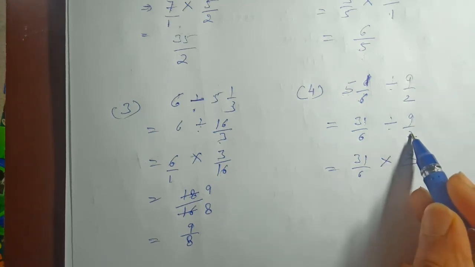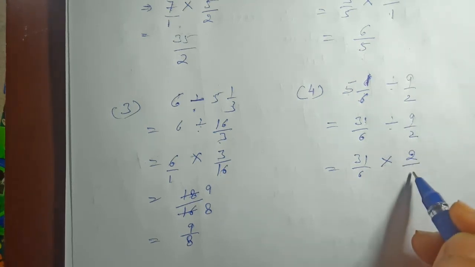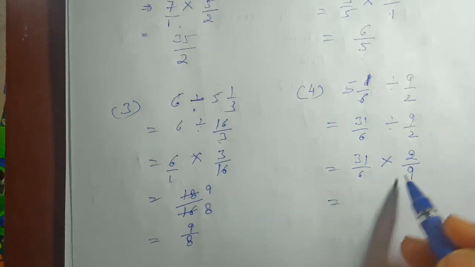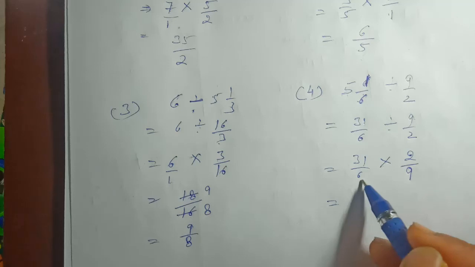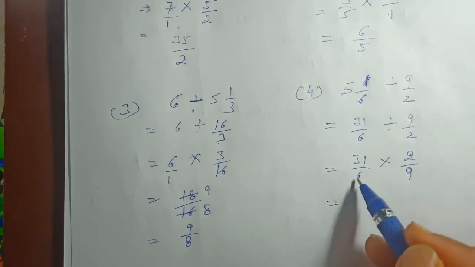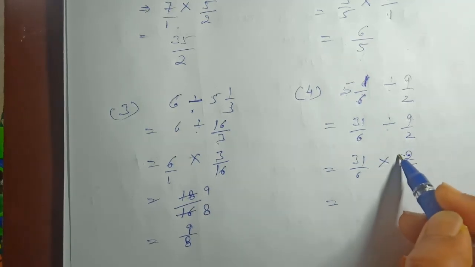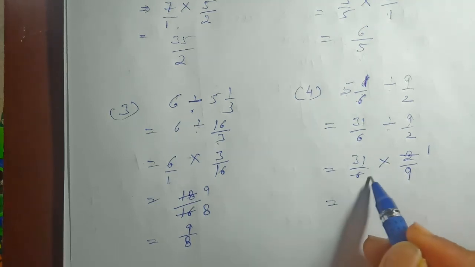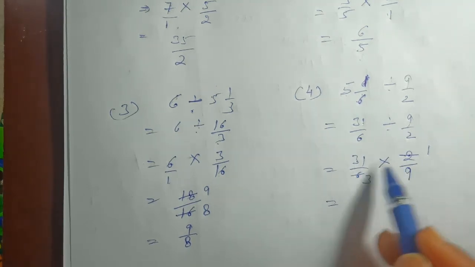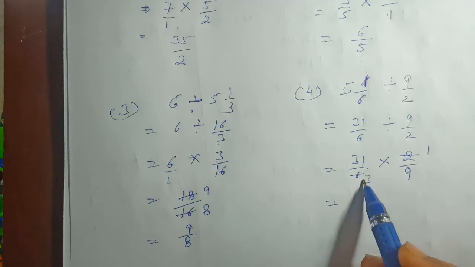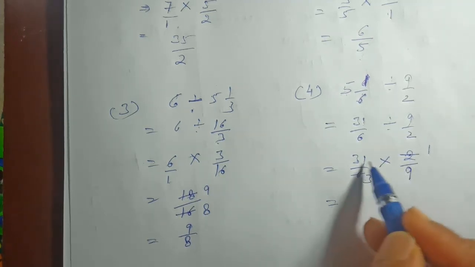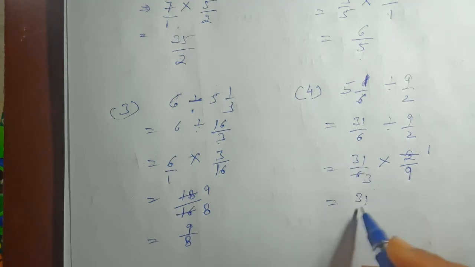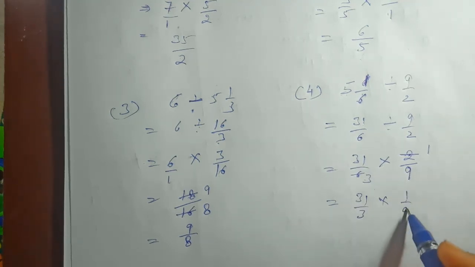It means exchanging the places of numerator and denominator. You can also find out the cancellation between numerator and denominator. By the table of 2, 6 can be cancelled, so we can cancel this way also, 2 1 2, 2 3 6, or either you multiply numerator and denominator and then do the cancellation, or you can do it this way also. Now 31 upon 3 into 1 upon 9.